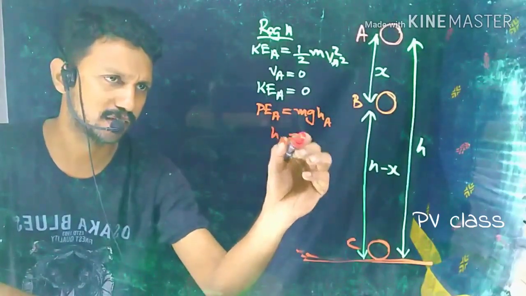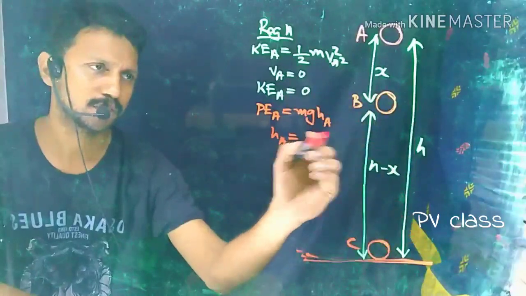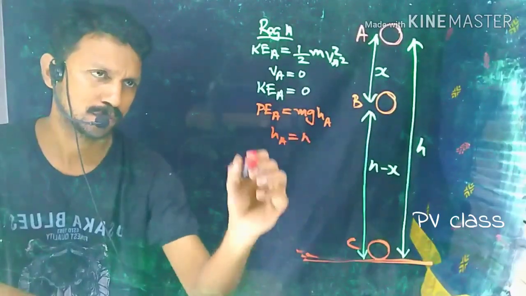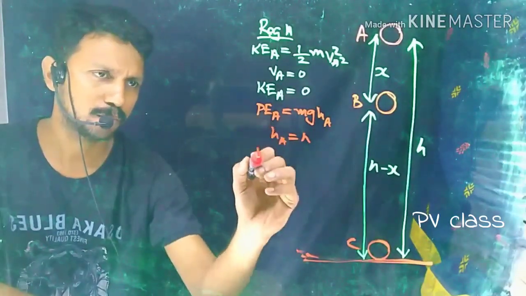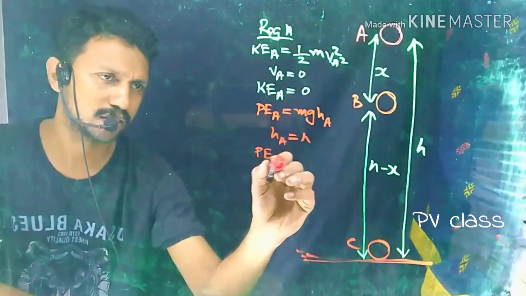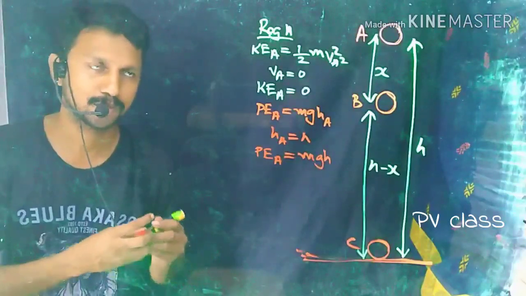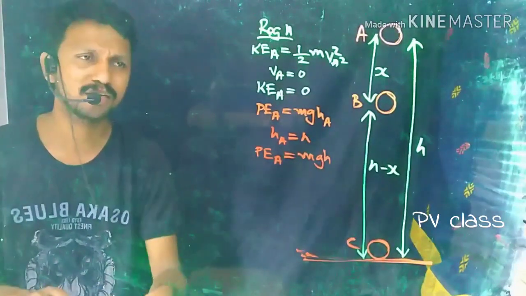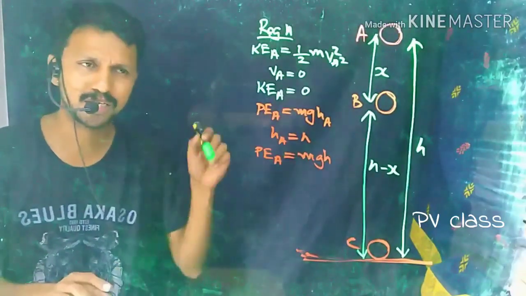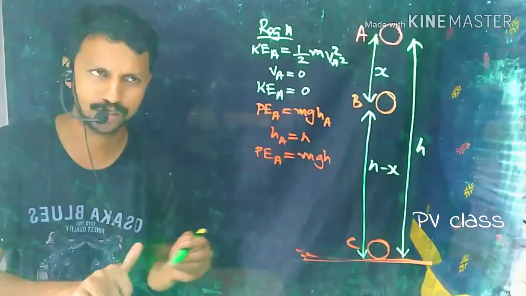What's hA? hA is this height, that's equal to h. Therefore, I could write potential energy at region A as mgh.